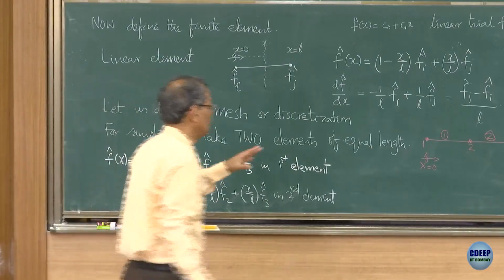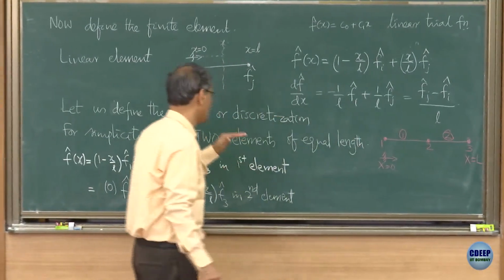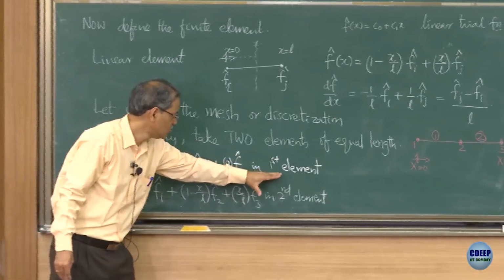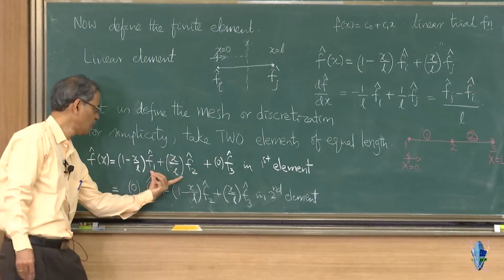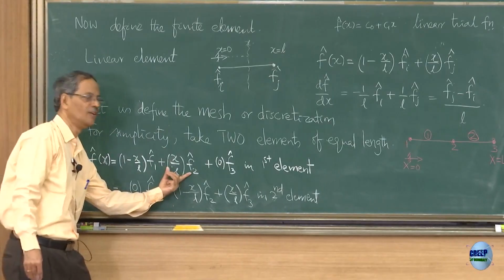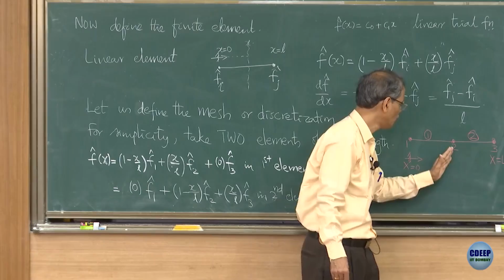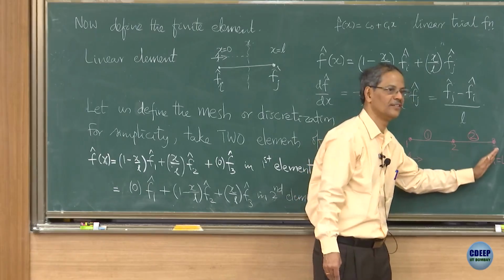Right now you will notice that f of x in that element is interpolated only from the 2 nodal values f1 hat and f2 hat. When I move to the second element, it is interpolated from f2 and f3 only.